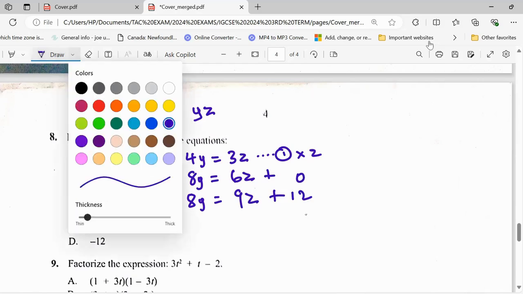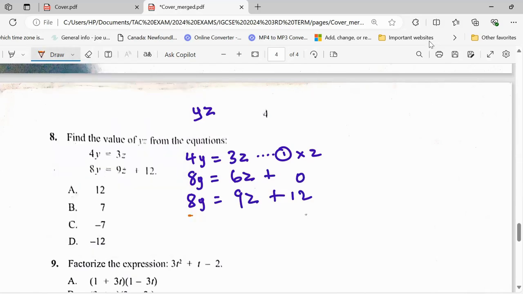Beautiful. Now, as it is, we can put this and subtract. This minus this is going to give us 0 here. 9z minus 6z is going to give us 3z. Then 12 minus 0 is going to give us 12.